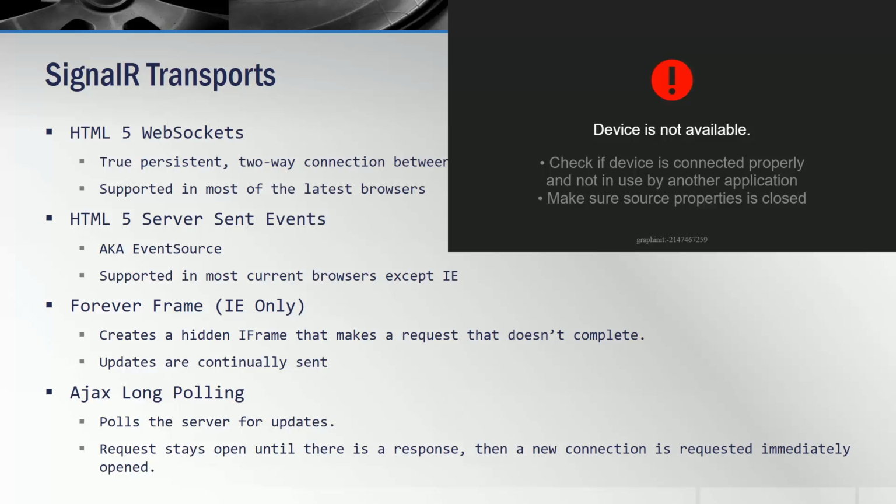Now I will say things like Forever Frame and especially Ajax long polling do not scale as well. They are a lot less pleasant on the server, right? Long polling in particular, right? You open up a web request, you keep it open for as long as it takes for there to be a reply to come down. Ew, right? But the thing is, it works.